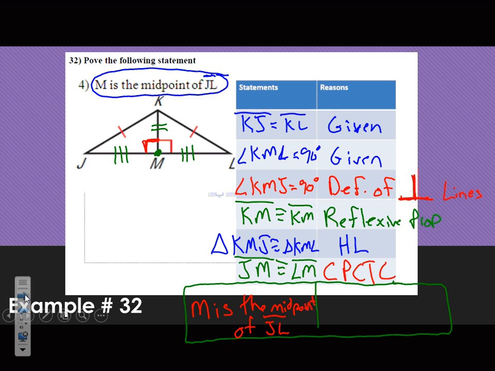When we work backwards and it's flipped, we're going to use the word converse. So we're going to use converse of the definition of midpoint. The converse just means that we're going to be working backwards.